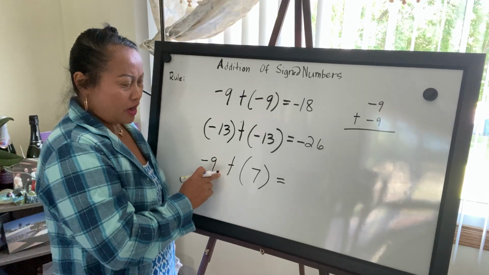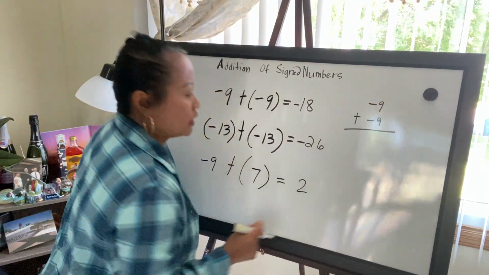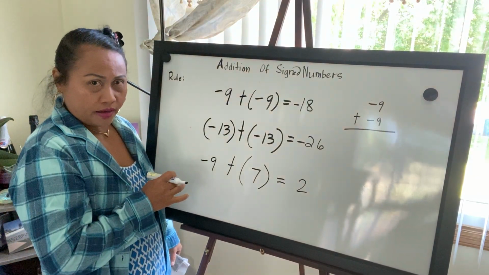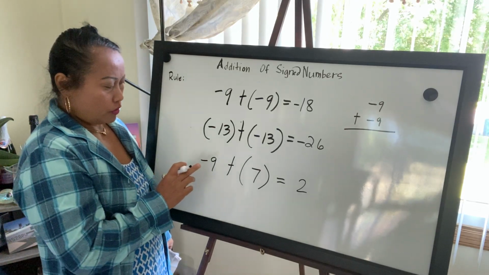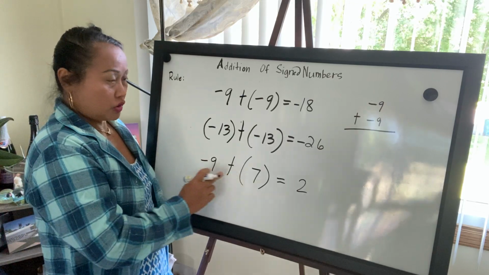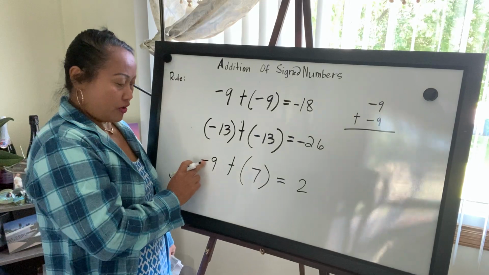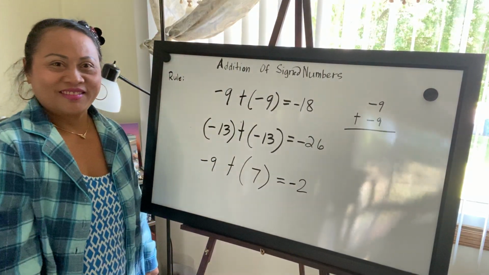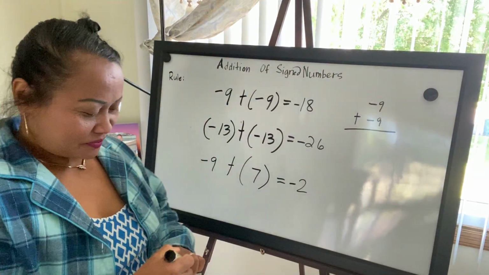So, 9 minus 7 equals 2. Now, bring down the sign of the larger number. So, which is larger, 9 or 7? The larger is 9. Now, we bring down the sign, negative 2. You get it? Okay, guys.